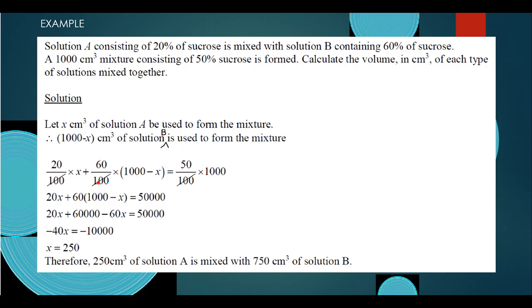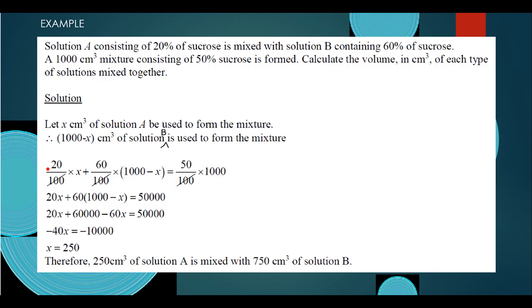So it's 60 over 100 times the volume of solution B. And that will be equal to 50% of the sucrose in the resultant mixture. So it's 50 over 100 times 1000 cm cube of the final mixture.